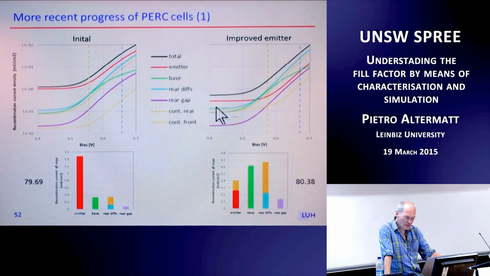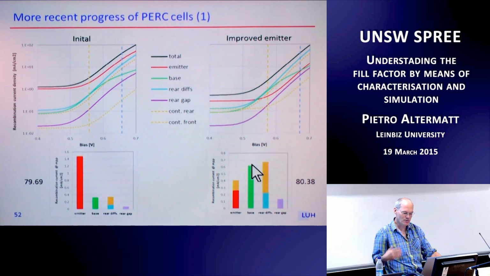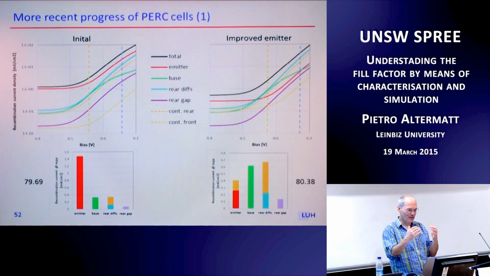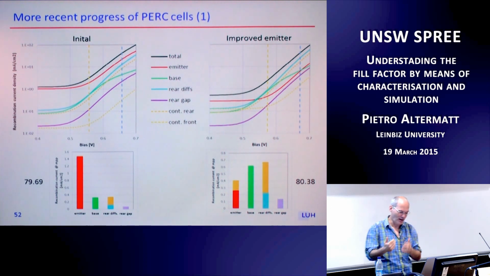When you improve the emitter, the red curve shifts down. And so that also shifts, of course, the losses into the base and the losses into the back, because your excess carrier density increases in the base when you have a better emitter. And that really affects, of course, the other device parts.